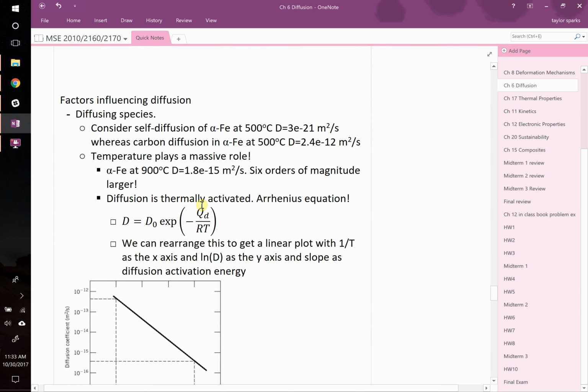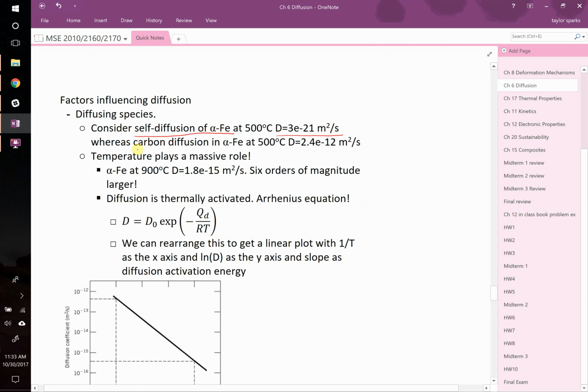All right, a few last things to cover before we're done for the day. First one is, what are the factors influencing diffusion, right? Well, first off, the diffusing species is clearly going to play a role. So consider self-diffusion of alpha iron at 500 degrees Celsius, right? So here's your diffusion coefficient, very, very small: 3 times 10 to the negative 21. That's a really slow diffusion, right?